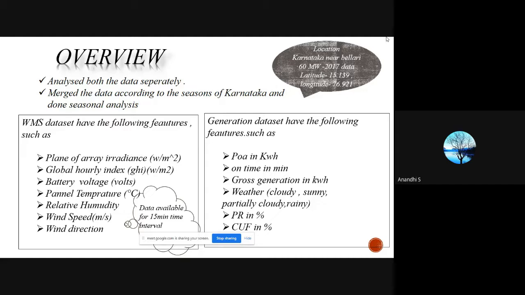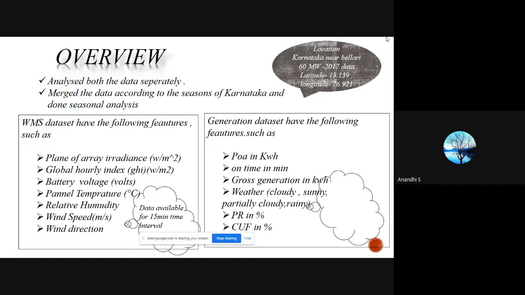On time in minutes, that is plant operating time in minutes, and then the weather on that day, whether it's cloudy, sunny, partially cloudy or rainy, and then performance ratio in percentage. We have calculated both performance ratio and also capacity utilization factor in percentage, but I have taken performance ratio, which is better for solar power plant data analysis.